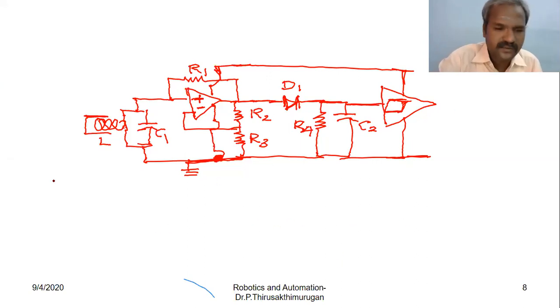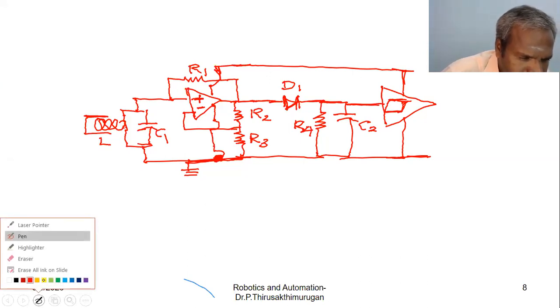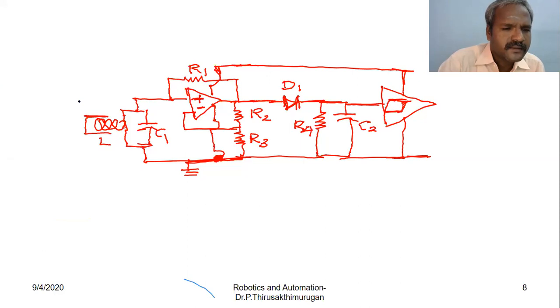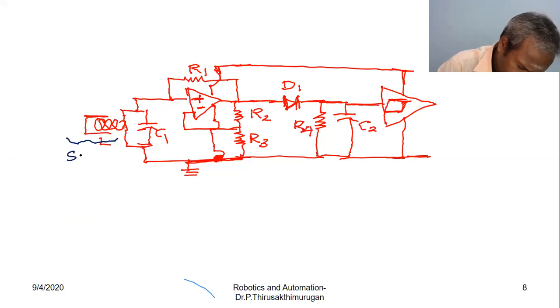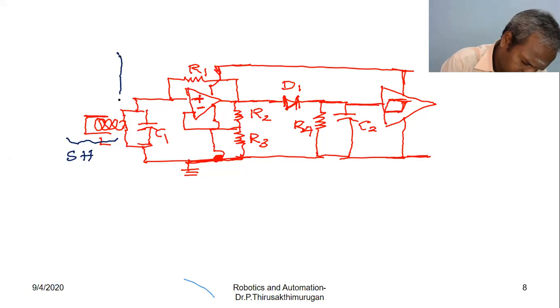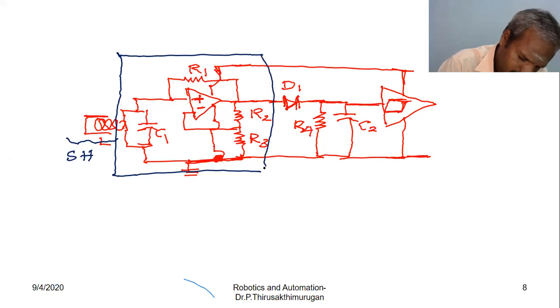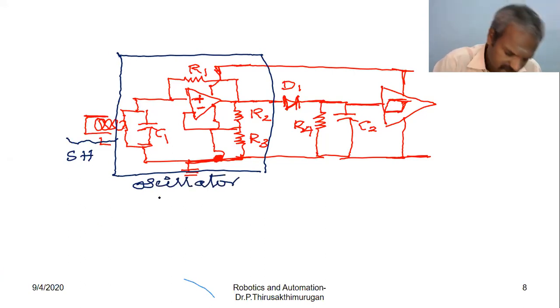First we will see this is the sensor head. Okay, this is the oscillator stage.